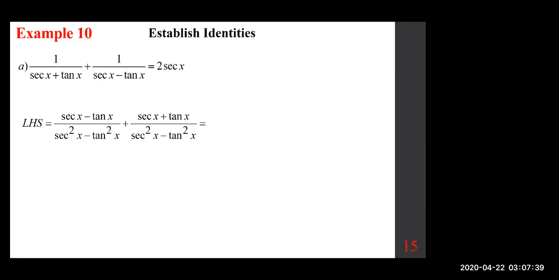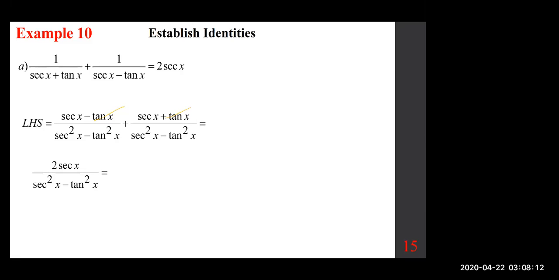So what comes next? It's very simple. When you add up the top, everything adds up. We end up with 2 secant x because negative tan x and positive tan x cancel each other. So you have 2 secant x divided by secant squared minus tan squared. Is everybody okay with this so far, class?